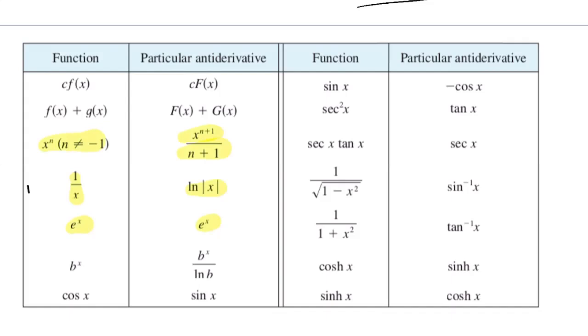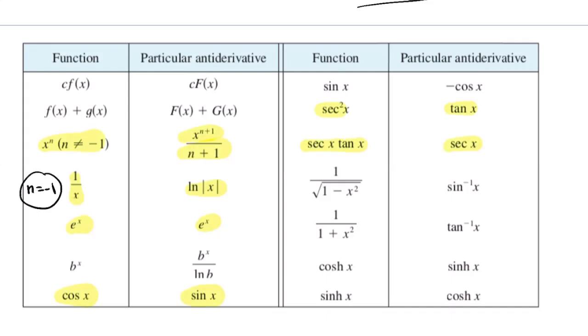Notice this is the n equals minus 1 case. So you do know how to antidifferentiate all powers. We did this one above. The antiderivative of cosine is sine. So in all these cases, we did this one above. The antiderivative of secant squared is tangent. Stop the video and explain this to yourself. Why is the antiderivative of secant times tangent secant? And so on.